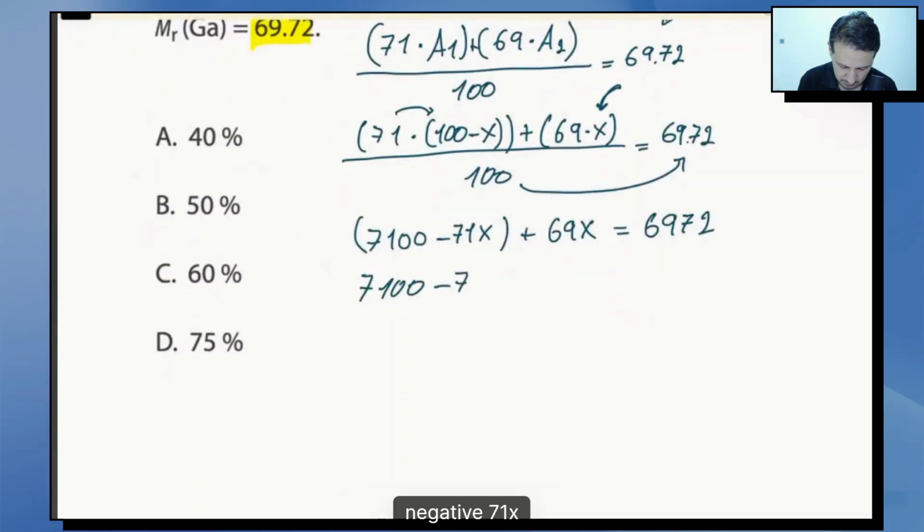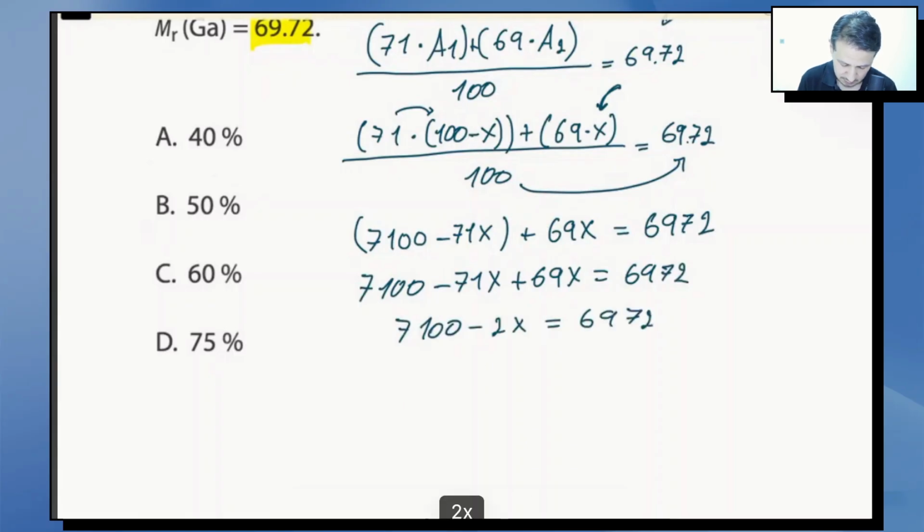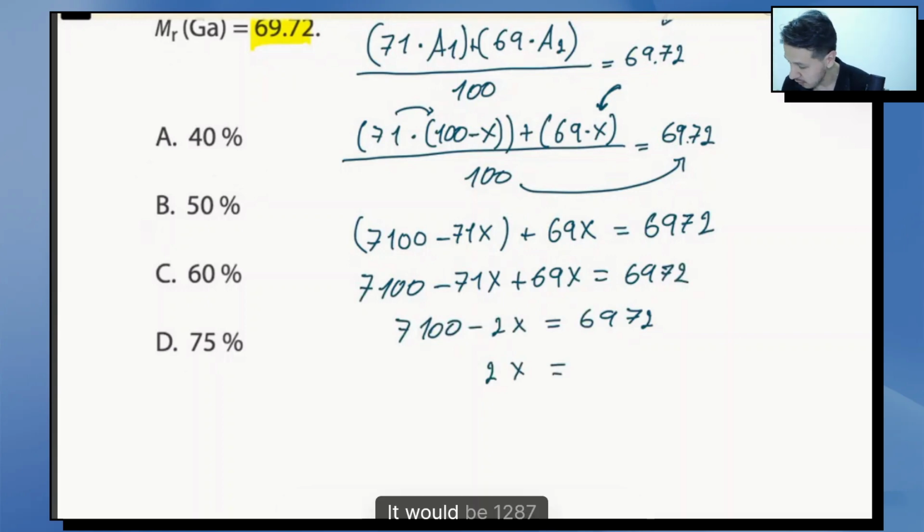Okay, now we will solve this. Negative 71x plus 69x. We have 6972. Then we have this one, minus 2x, and we have 7100 minus 6972. Here we have 2x, and we make this subtraction here. It would be 7100 minus 6972.